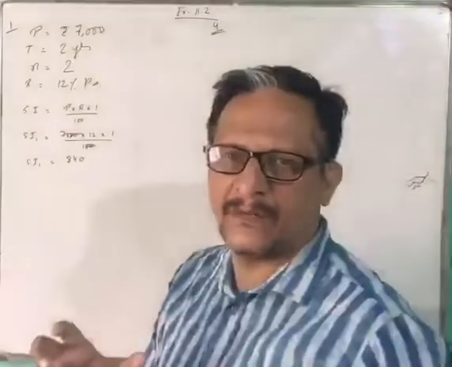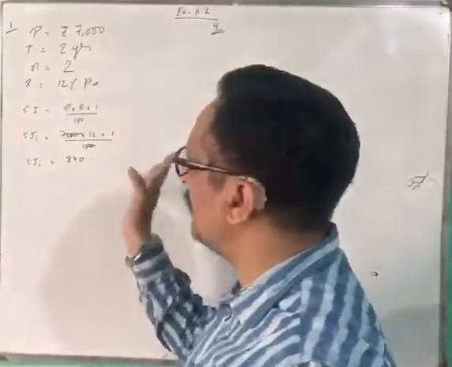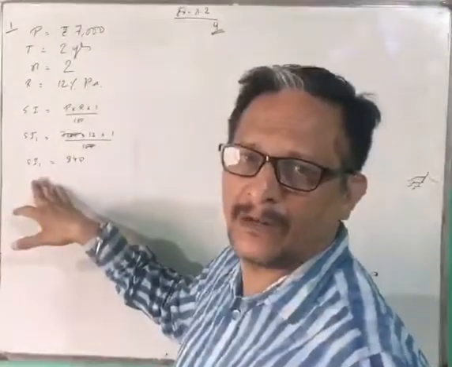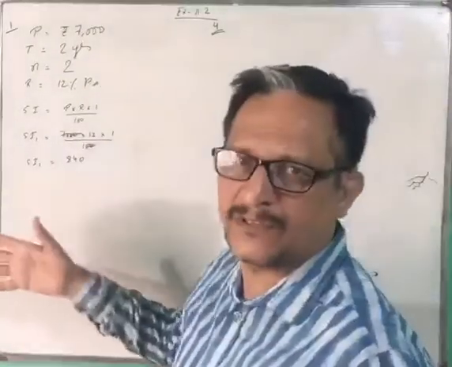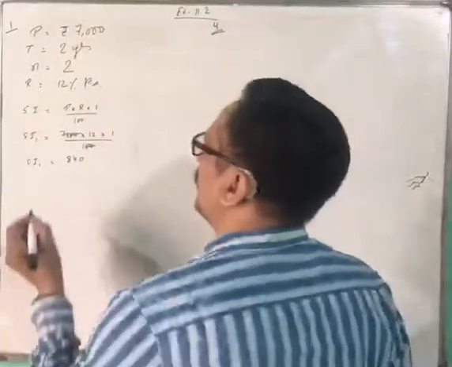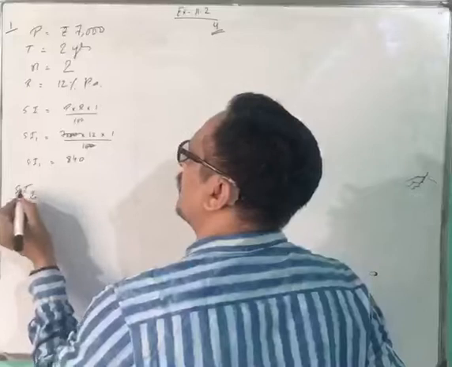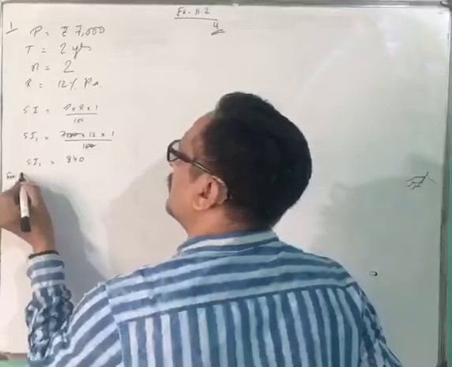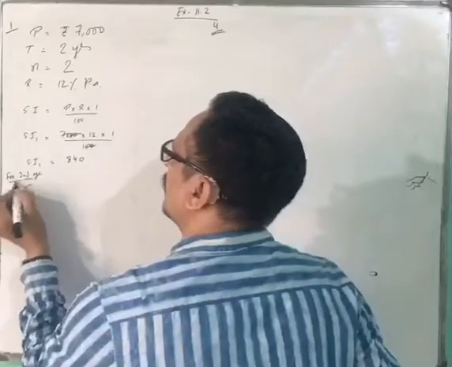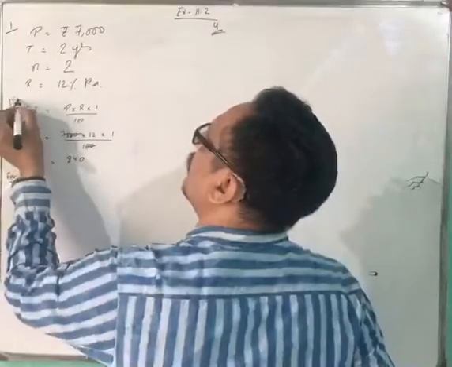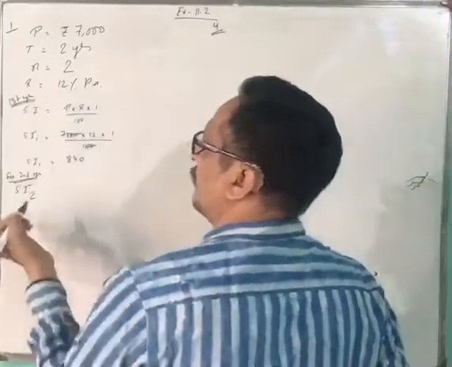The second simple interest is calculated on whatever you found as the simple interest of the first year.